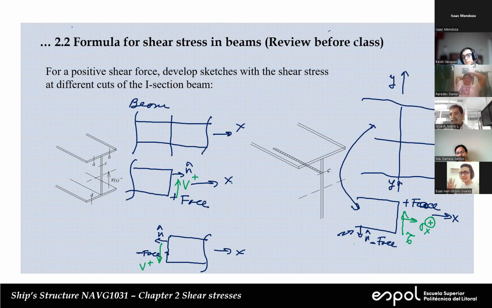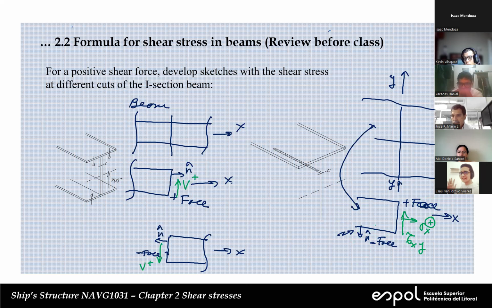And the positive shear stress, since this is a positive phase, will be pointing in the positive direction. So this is tau xy. Why? Because that's the convention. If we have in this positive cut a shear stress which points upward, we call it positive. That's the convention that we use.